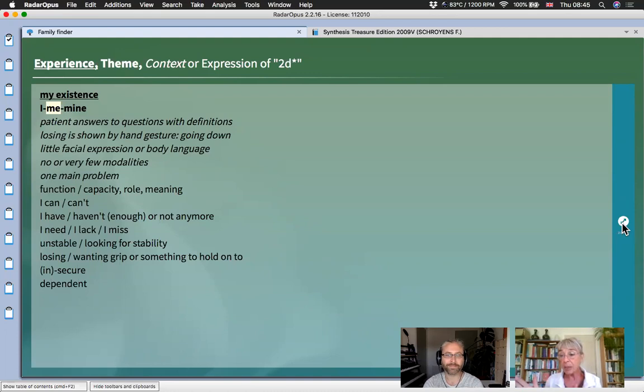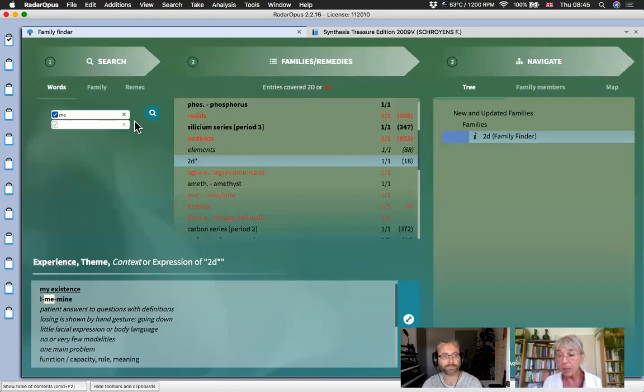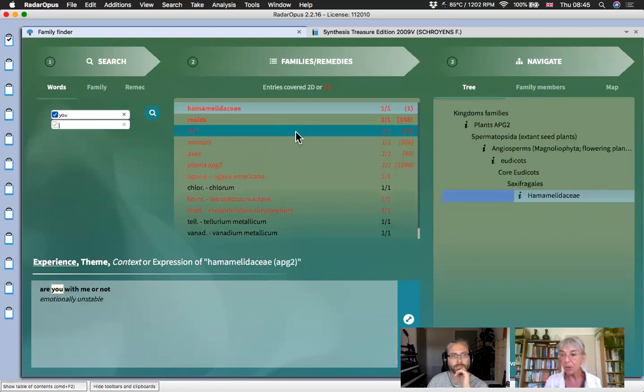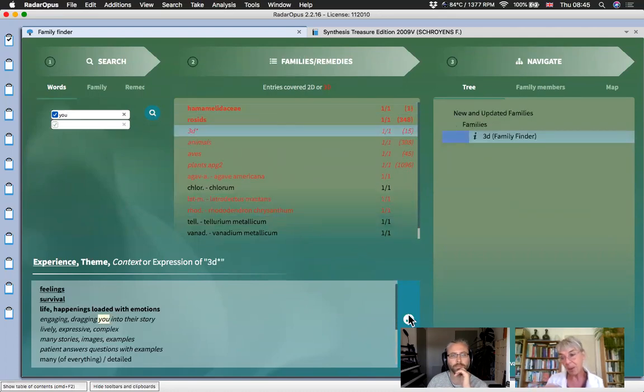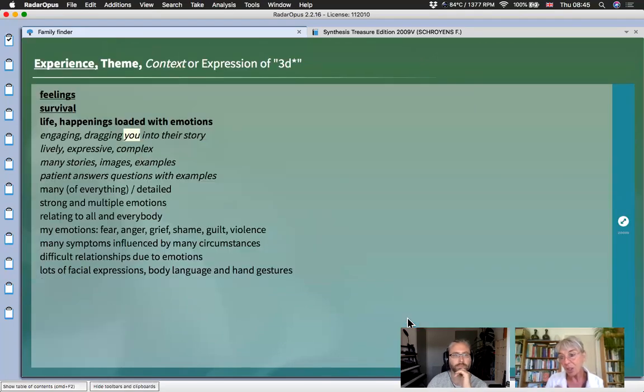Whereas in 3D it's about you as well, you as a person. So in 3D they see you, they observe you, they connect to you, they relate to you. And the plants relate to you emotionally. And the animals, which is also interesting, they test you. So they relate to you, but they test you.